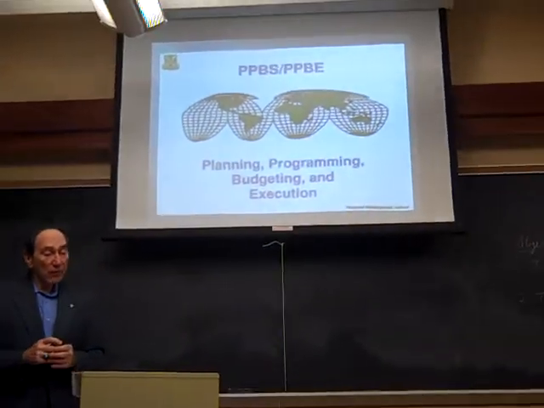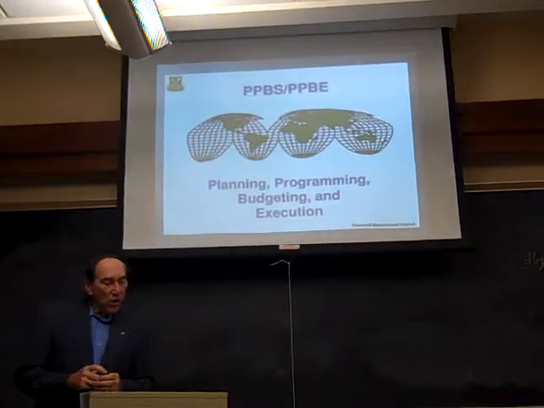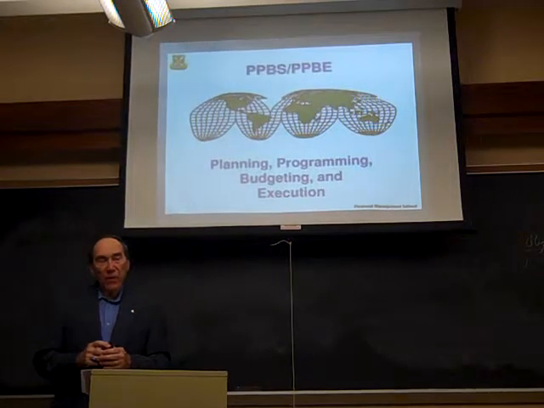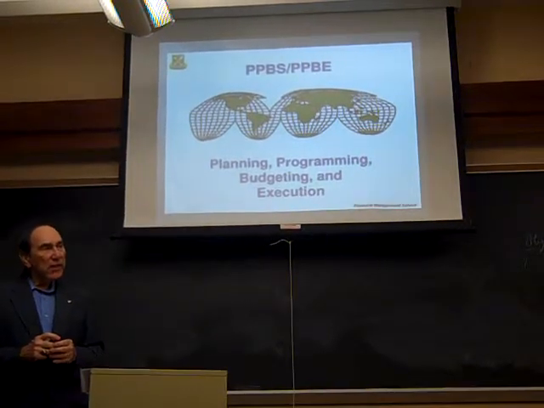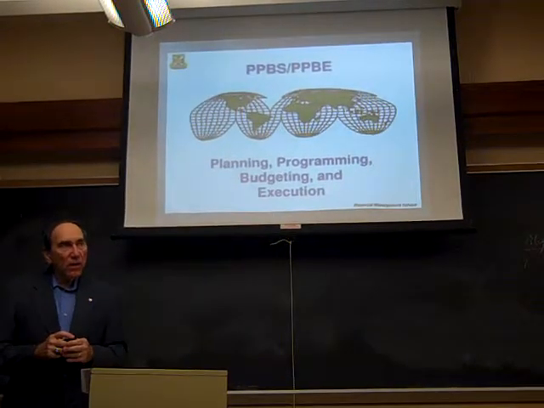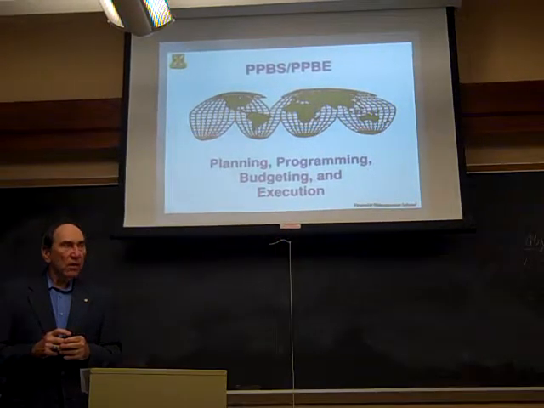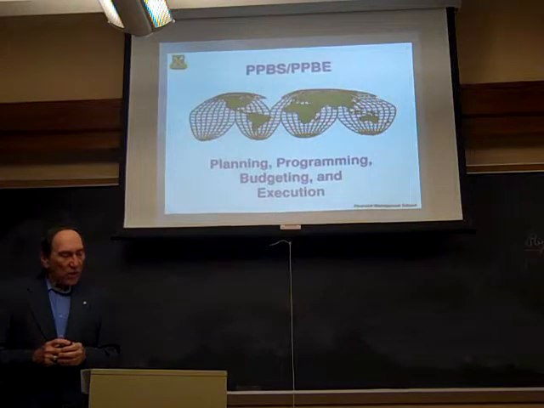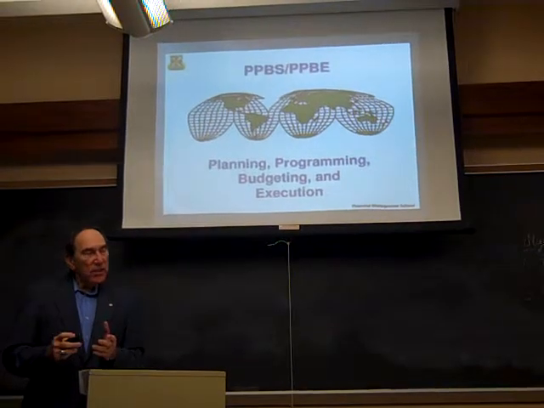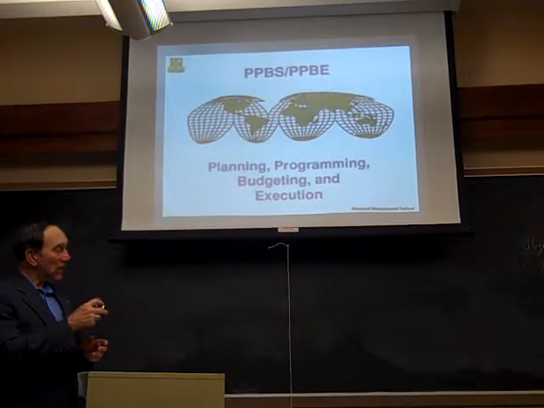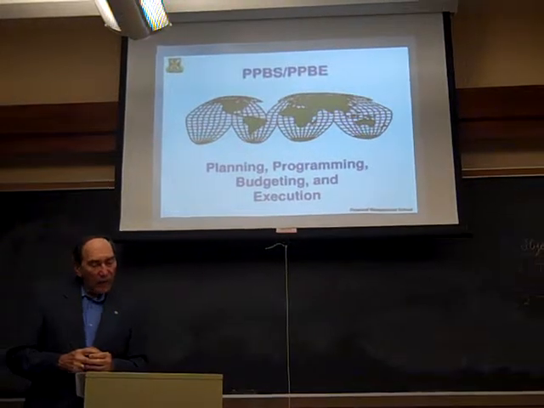Let's go to another type of budgeting, and this is called planning, programming, budgeting, and evaluating. It is an outdated system that was used by governments, particularly the federal government, 10, 15 years ago. In this type of system, you start out and take a look at your needs and you do planning.